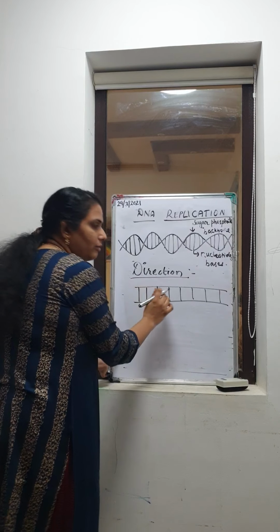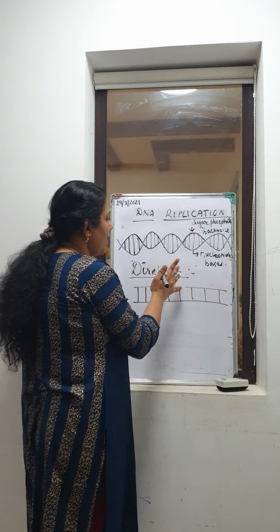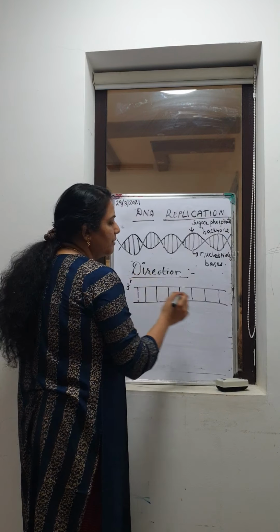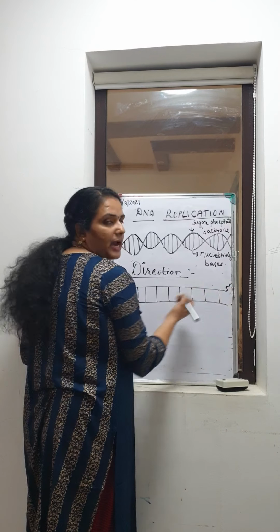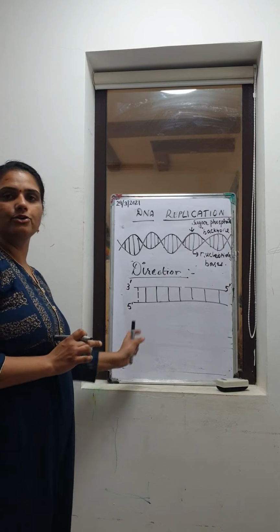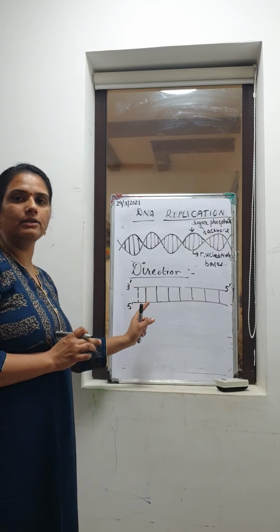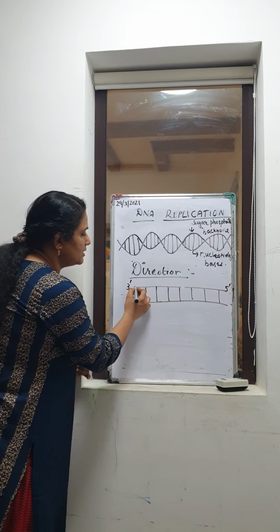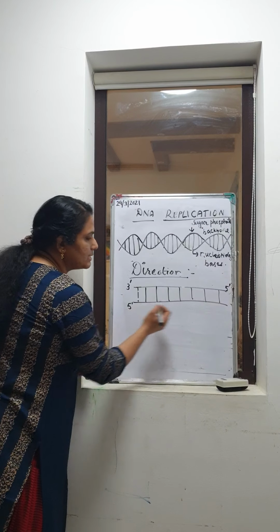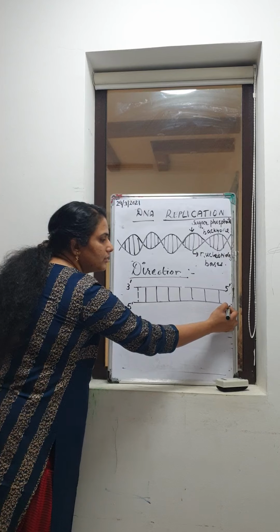The structure will always be like this. The DNA has two directions: one is the 3' end and the other is the 5' end. These two strands are not parallel to each other. They are anti-parallel to each other. This strand runs from 3' end to 5' end, and this strand runs from 5' end to 3' end.